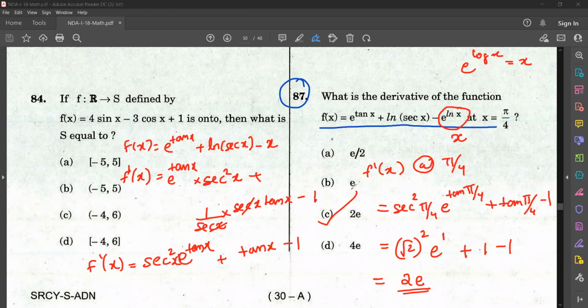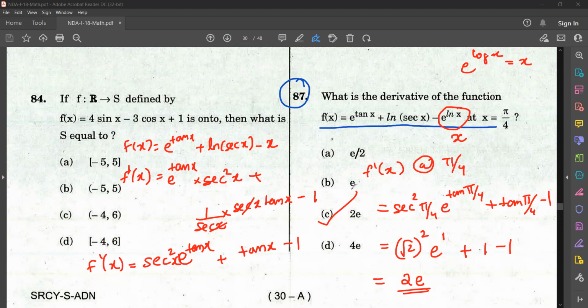Whenever you take the derivative, take it carefully, otherwise your answer will go wrong. Take very carefully where you have to apply the chain rule. Apply that correctly. Never forget to put the brackets wherever it is required.